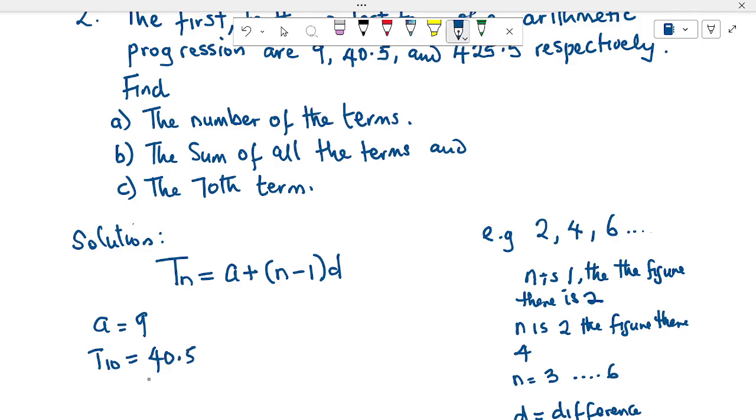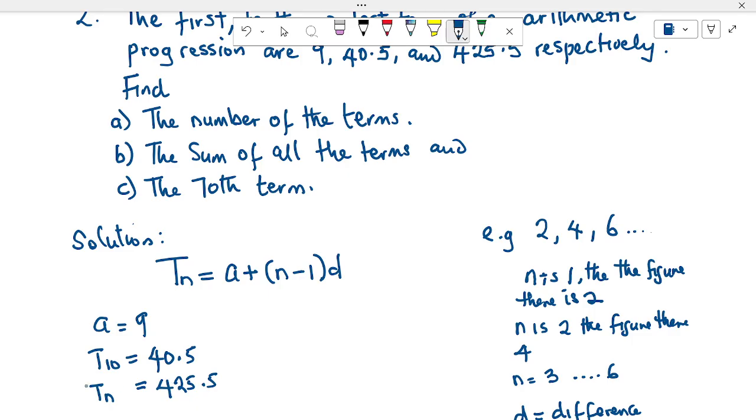Good. But the last information we were given is that they said the last term, and we don't know what that last term is. We don't know what position it is. We only know that the number in the last term is 425.5.